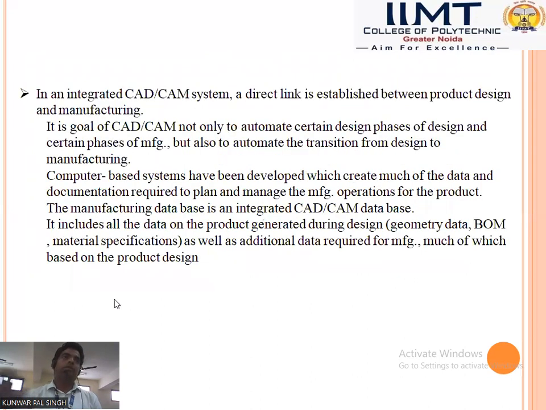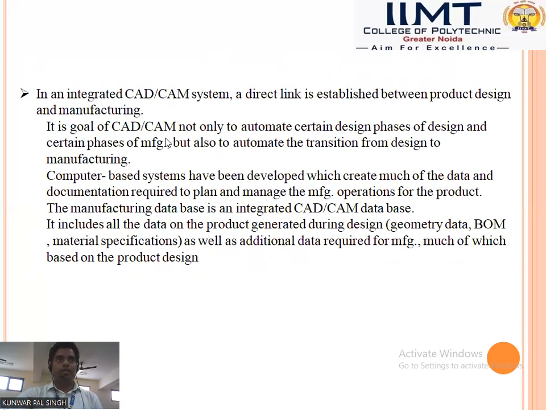But in the integrated CAD CAM system, a direct link is established between product design and manufacturing. We left the conventional method of designing and manufacturing. We use computers to design and manufacture the products.